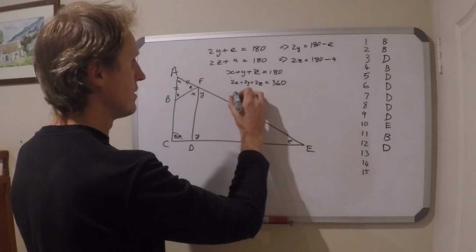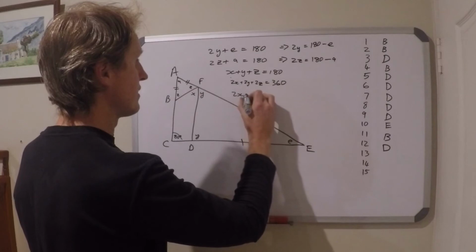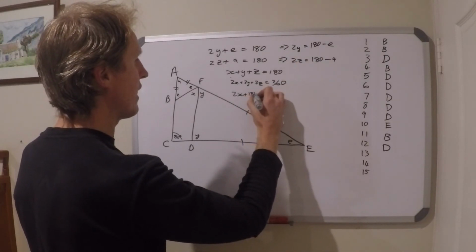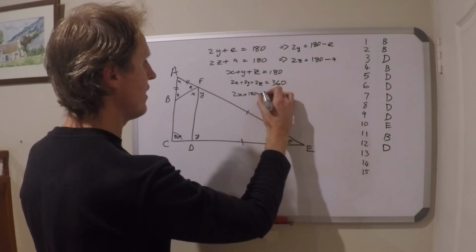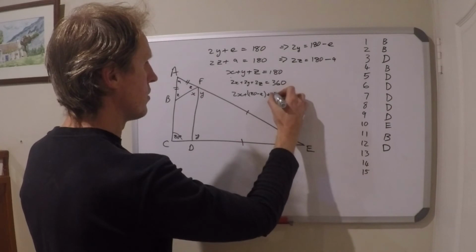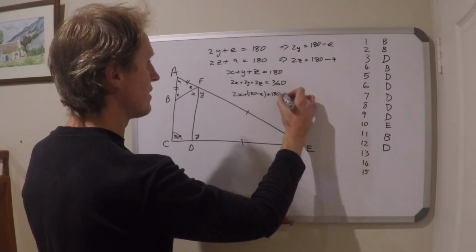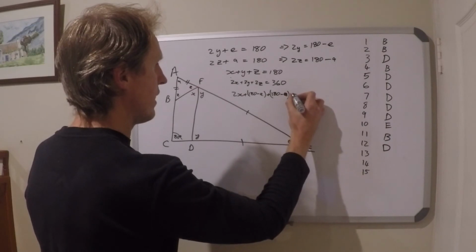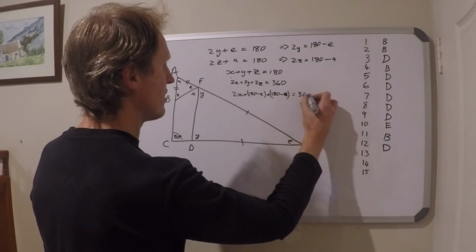We've got 2x plus, now 2y we've said is 180 minus E, 2z is 180 minus A, and that equals 360.